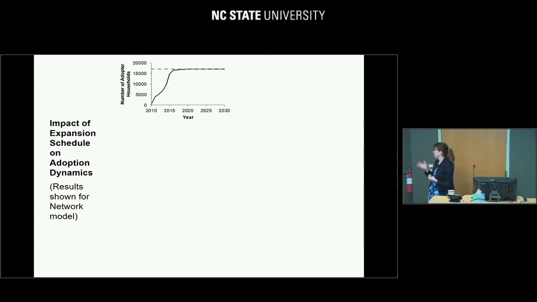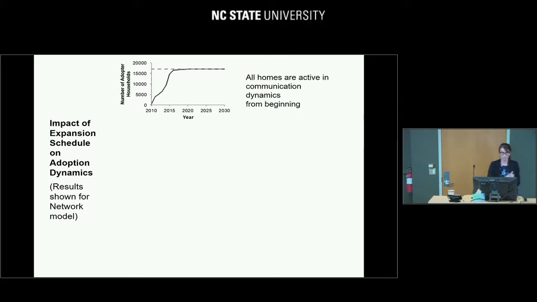What we see is relatively quick adoption, but we have a lot of infrastructure capacity available that's not being used for those first couple of years. That quick diffusion comes from all the homes being active in communication from the very beginning, so you can get that momentum going, and then everybody comes on board around 2015.